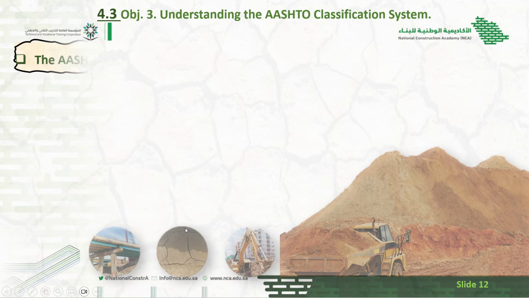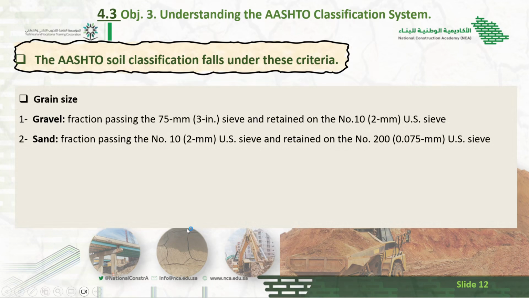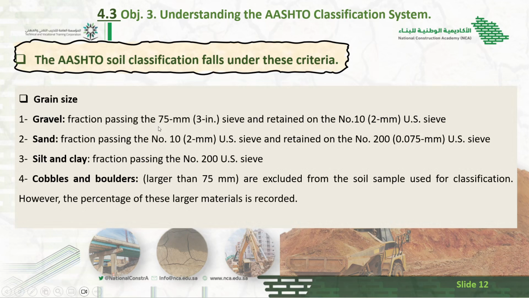So now we can discuss the soil classification. Soil is classified as gravel if the fraction passes the 75 mm or 3 inch sieve and is retained on the number 10, or 2 mm. So what does it mean?